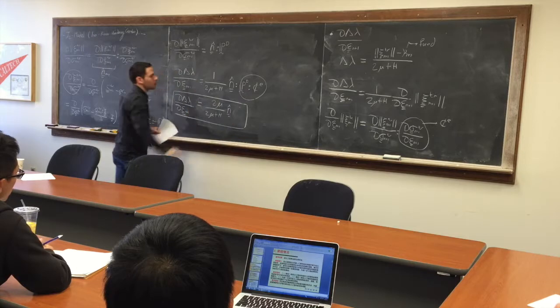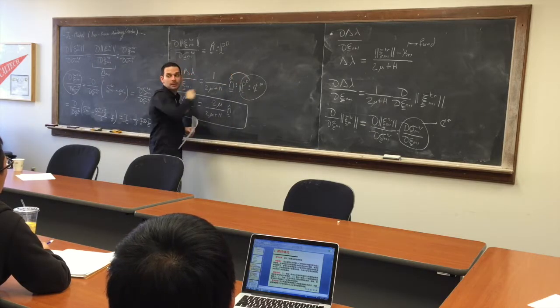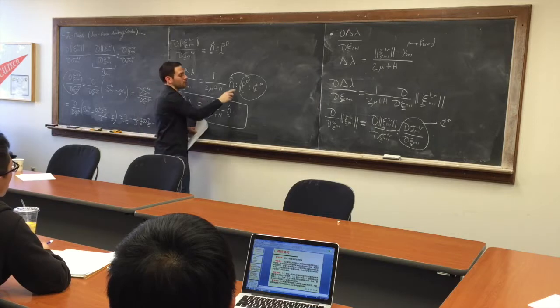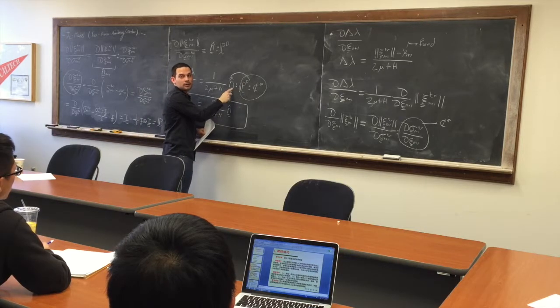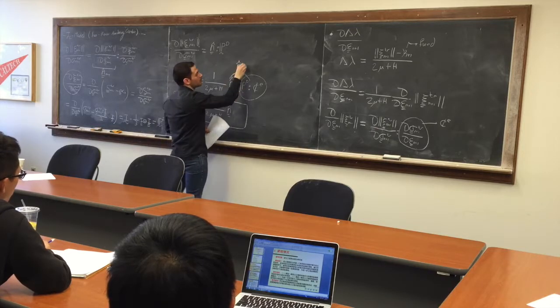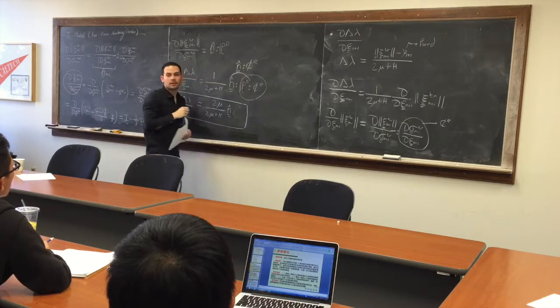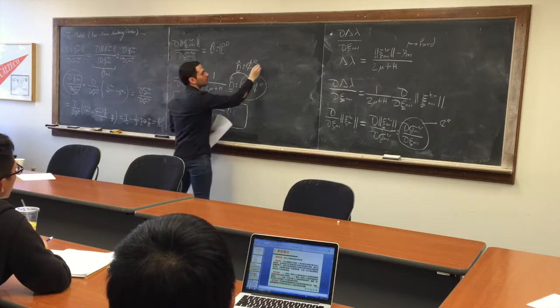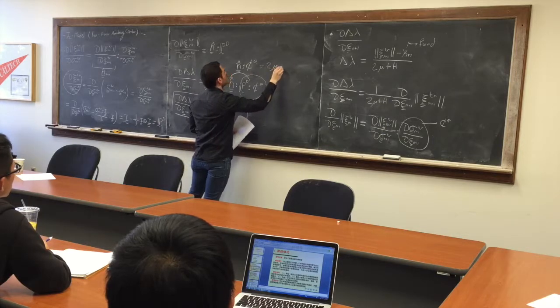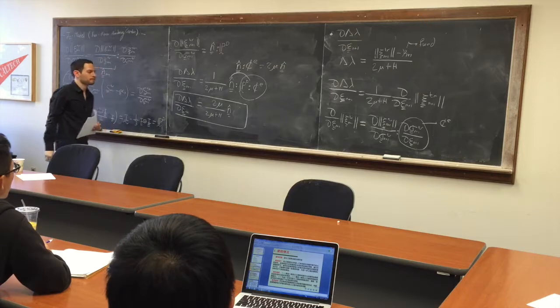Because I have to contract this with this, right? And this contraction is just n, right? And then I have to contract this with that, which is 2 mu n. This is 2 mu n. That's how it works.